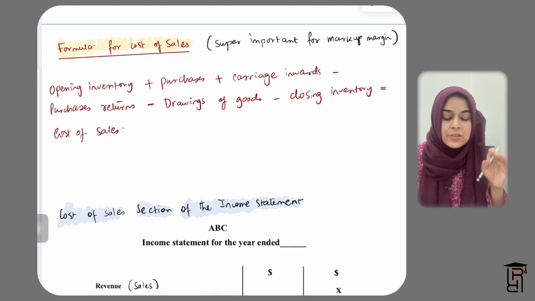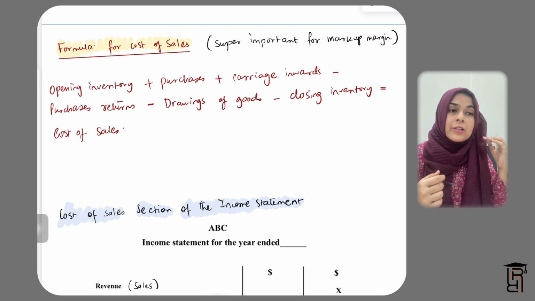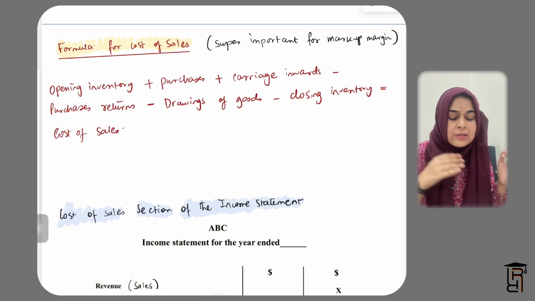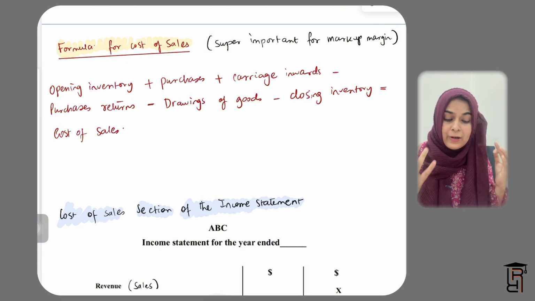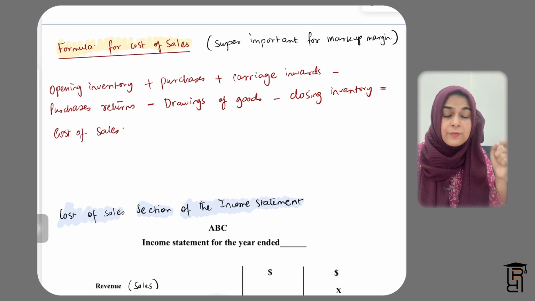We add carriage inwards, less purchases returns, because we have returned some goods back to our supplier. So that is going to decrease the cost of sales of our business. And then less drawings of goods, because drawings of goods is when the owner takes out goods for personal use. So it's not part of the cost of sales section of our income statement, because the concept here is business entity.